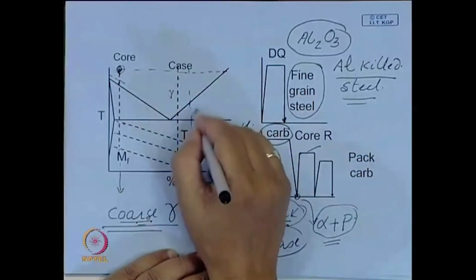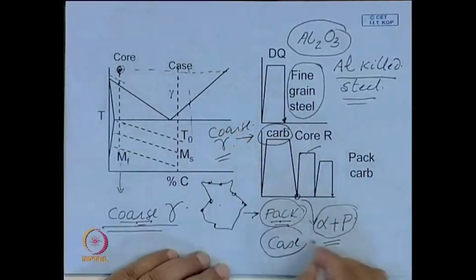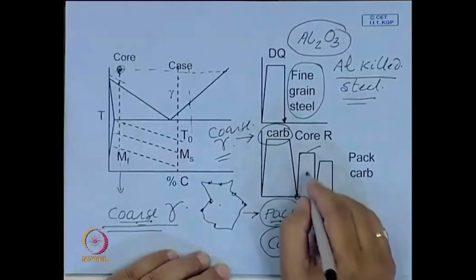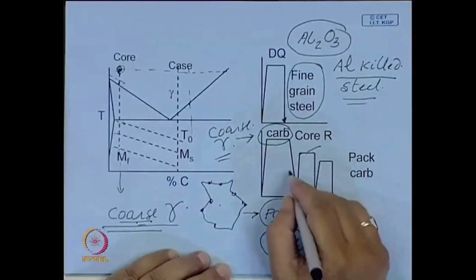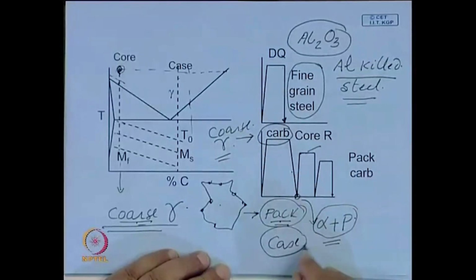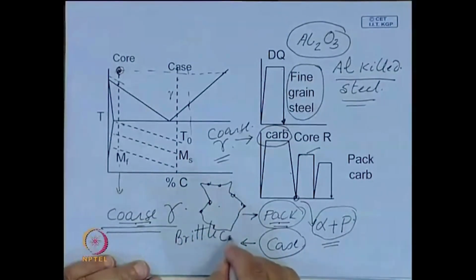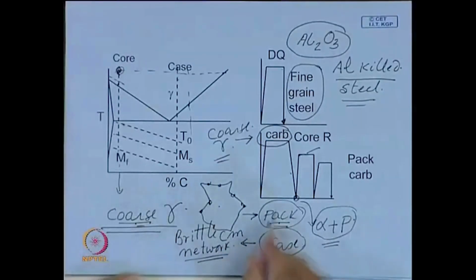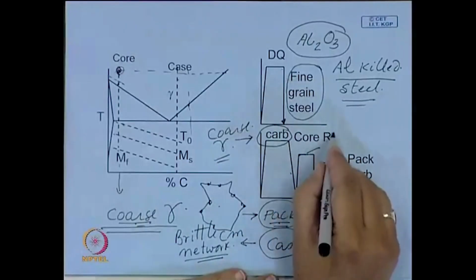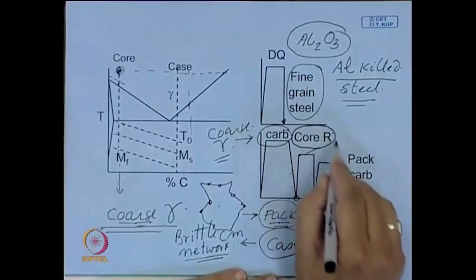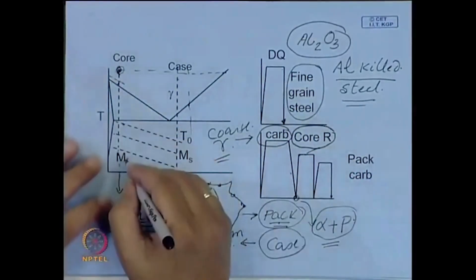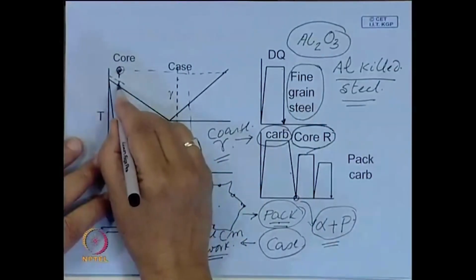If you are cooling slowly, there is a likelihood that a cementite network will form. Because of the slow cooling, the case may have a brittle cementite network, which is undesirable.